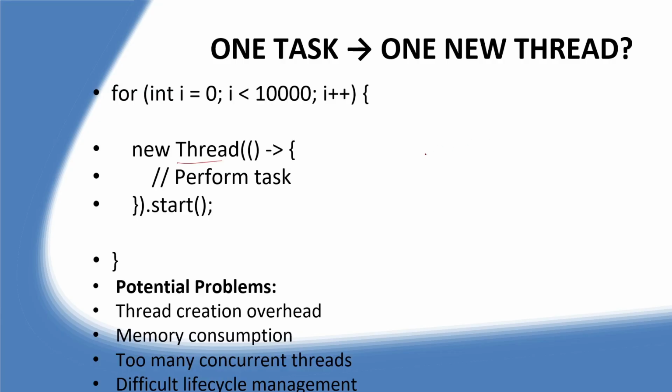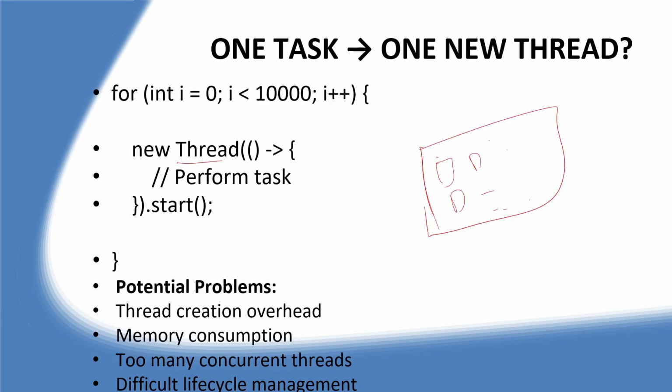Imagine you have an application with different options, different buttons, everything. You have different tasks, and it is very difficult to create a separate thread for each task. For a small number of threads, this is fine.